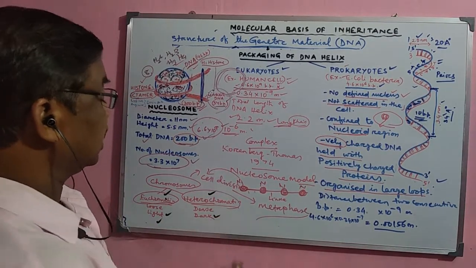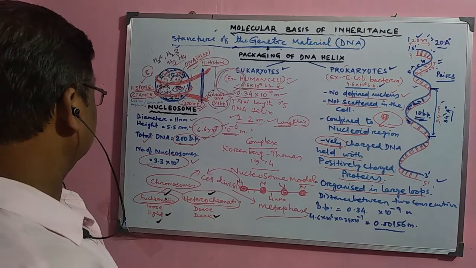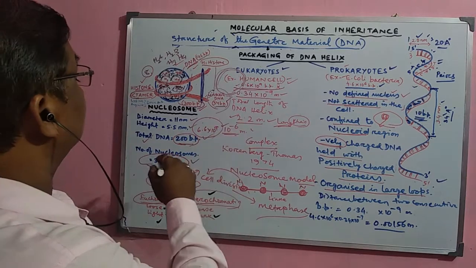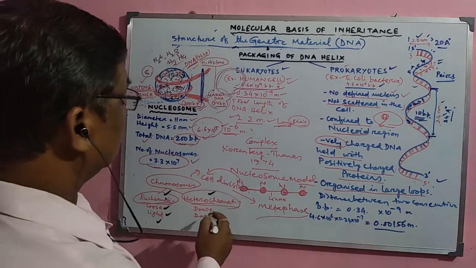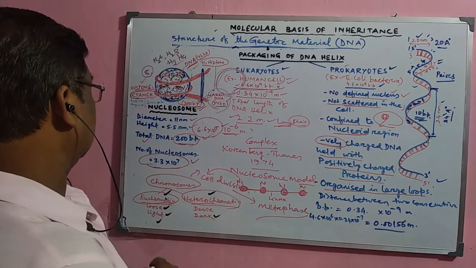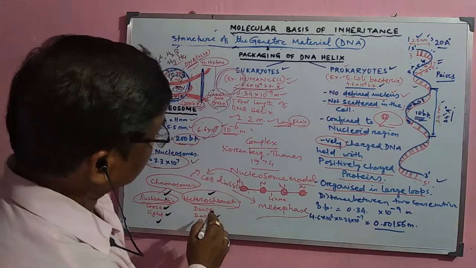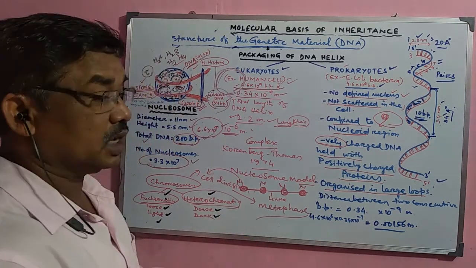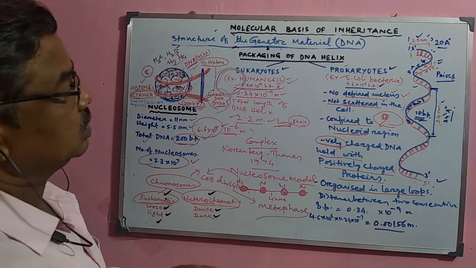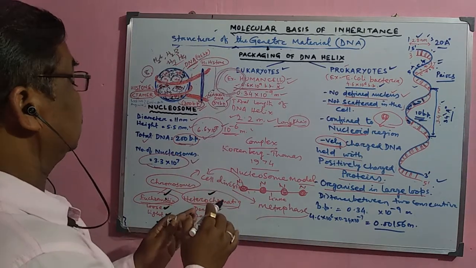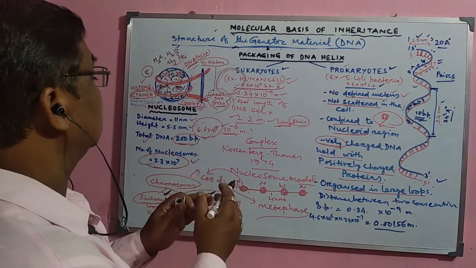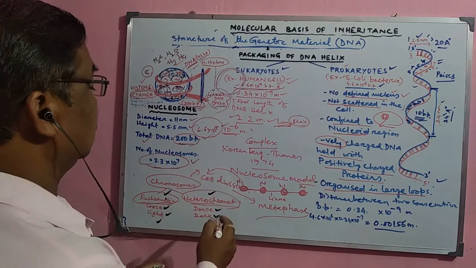Another portion takes a dark color. The light color is due to the loosely bound chromatin material. When the chromatins are loosely bound, it is called the euchromatin region, and when they are densely packed, it is called heterochromatin. So the euchromatin and heterochromatin regions are present in the chromosomes according to the loose and tight arrangement of the chromatin material.